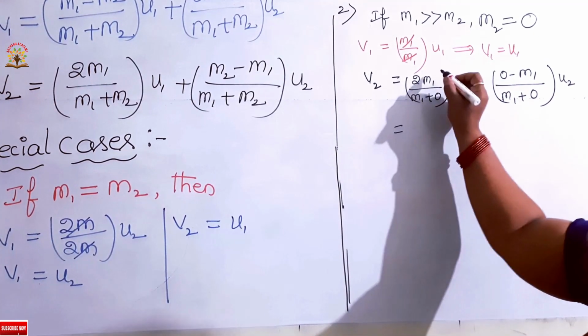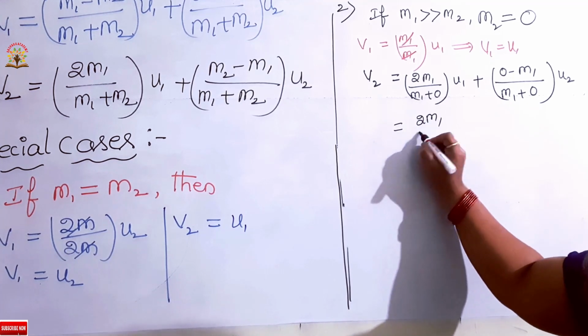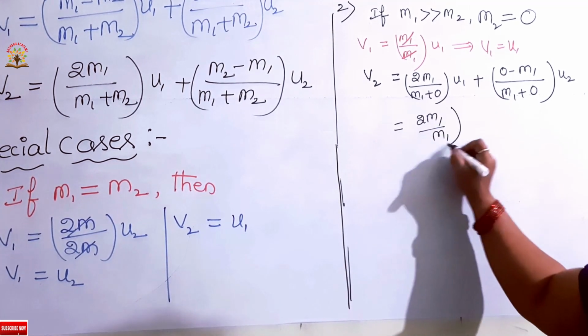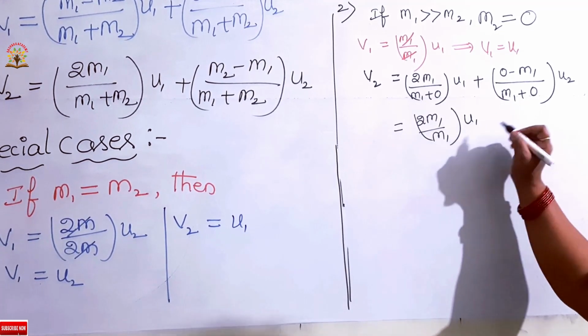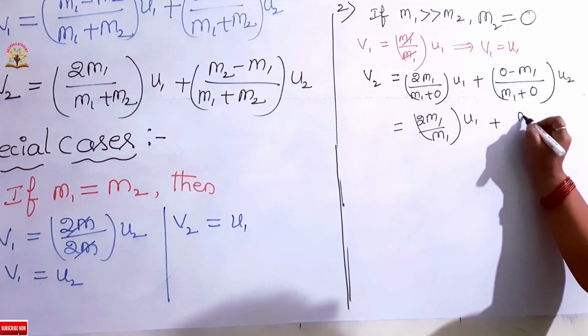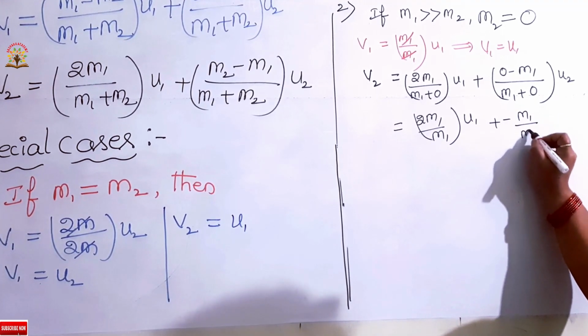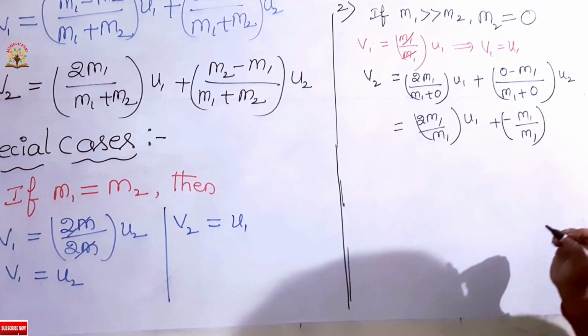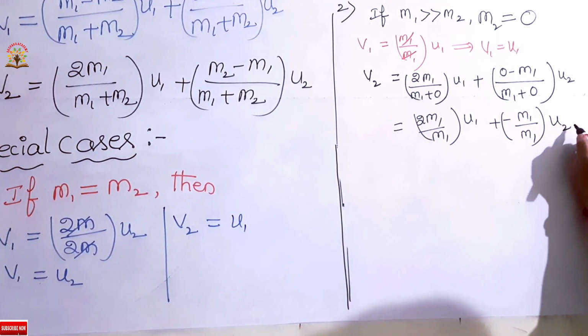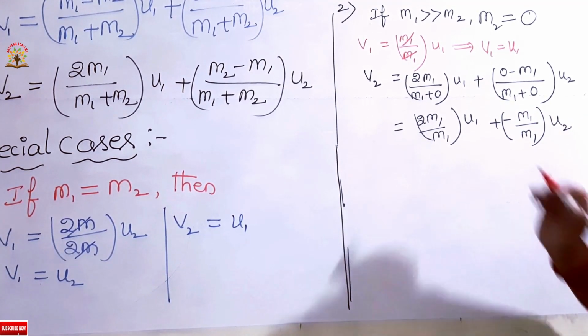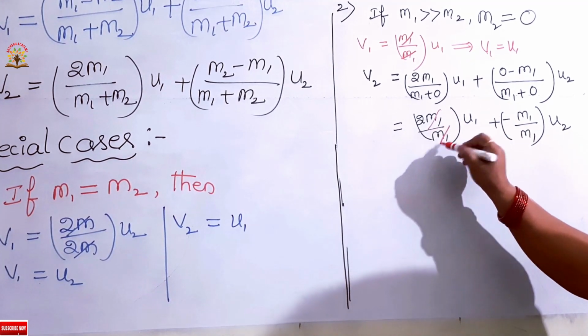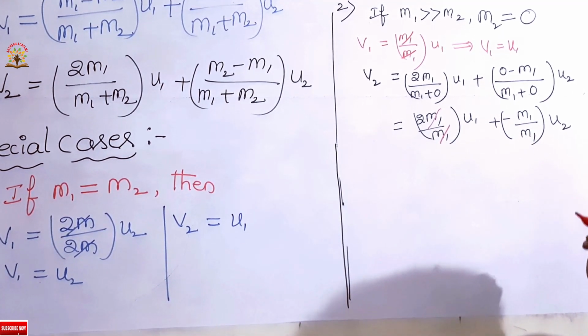See here, 2M1 by M1 of U1 plus, minus M1 by M1 into U2. Here M1 cancel.